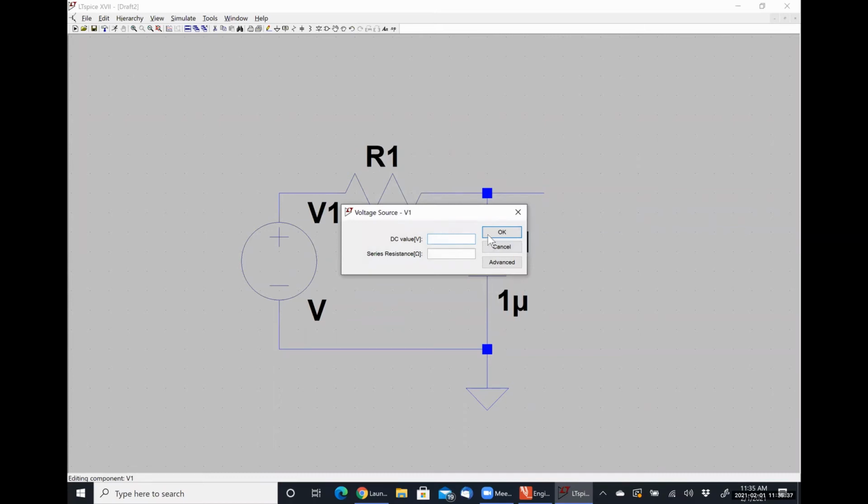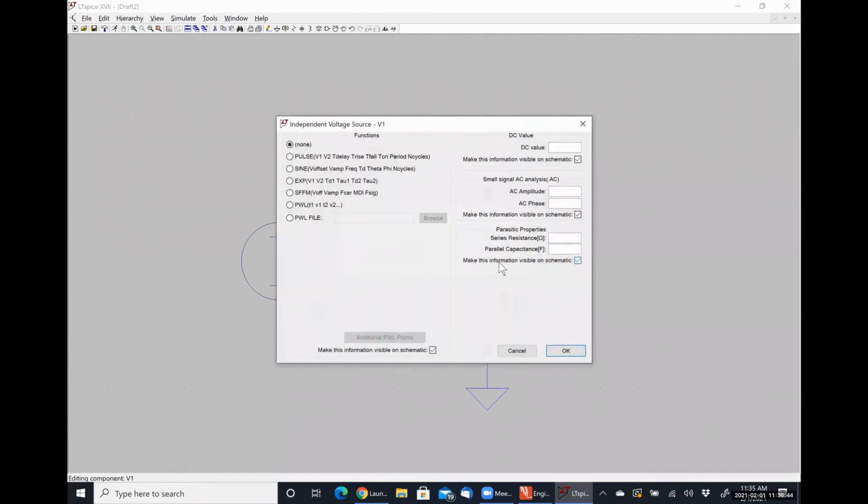To do this type of simulation, this is what's called an AC simulation, I believe, in LT Spice. We're going to go to advanced. And over here, where it says small signal AC analysis, that's what we're going to be dealing with, right? So we're going to leave all those functions to the left alone. We're not going to put in a DC value. We're simply going to put in an AC amplitude. I prefer 1, and then leave everything else alone because we're starting with a phase of 0.